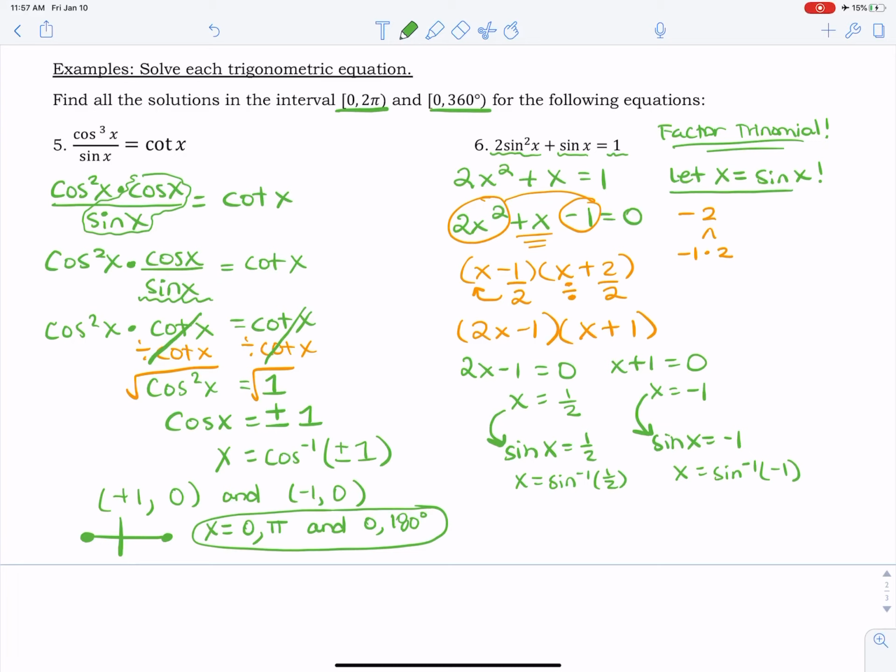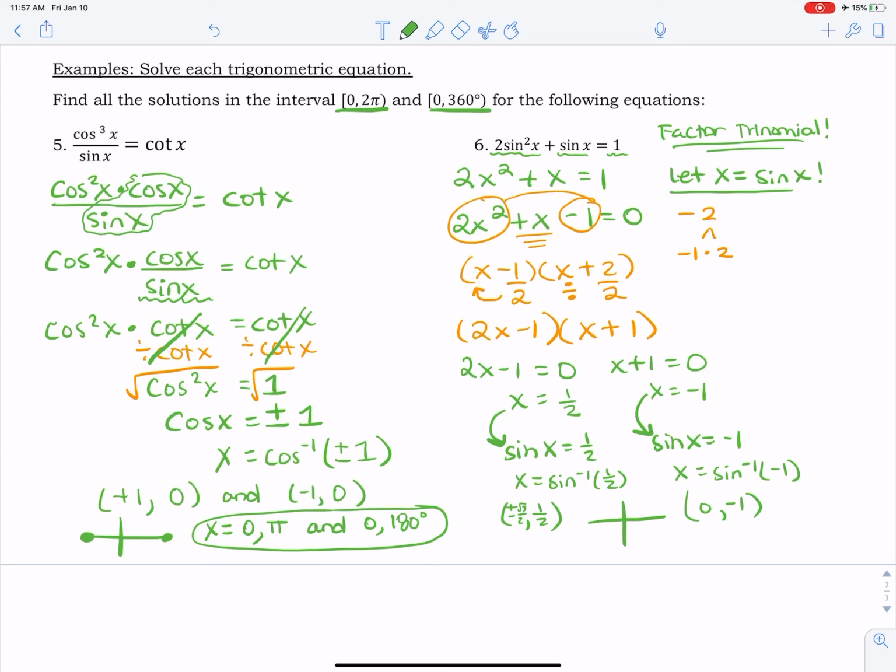So what angle has a sine of 1/2? And you know this could be plus or minus square root of 3/2. And over here, it is what angle has a sine of -1, and that has to be 0, -1. I'm going to draw a little picture so I can figure out, space-wise, where is that?